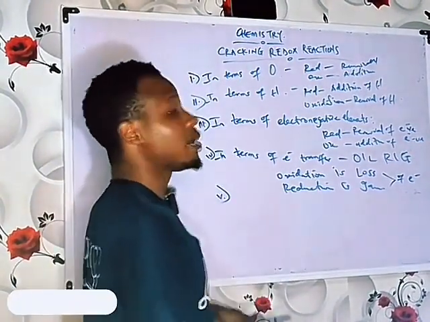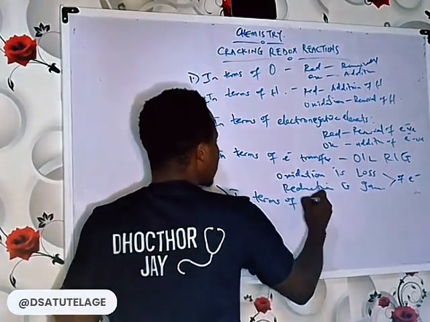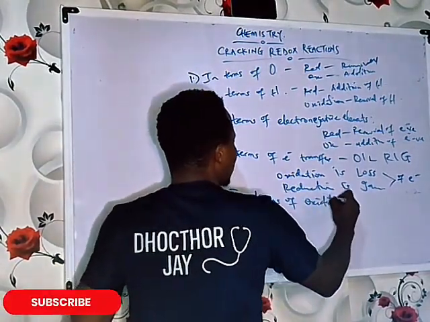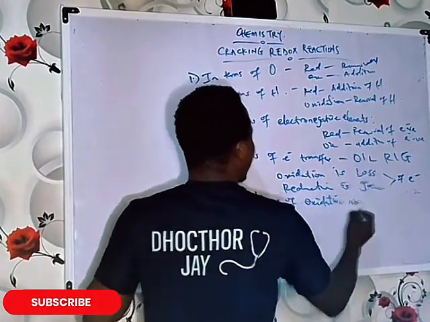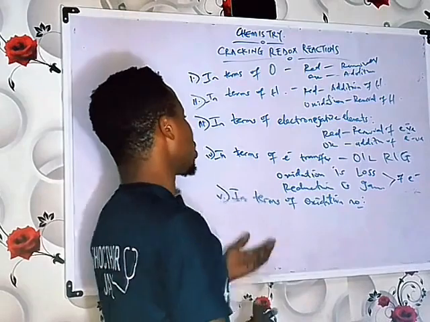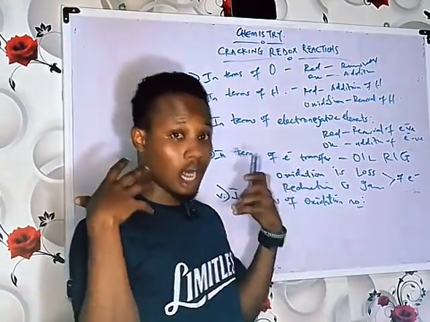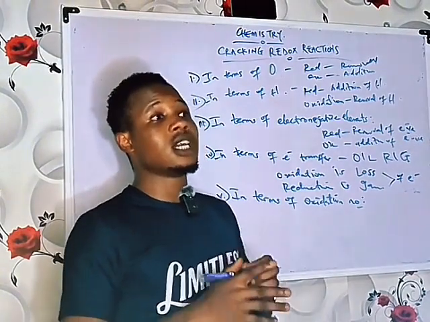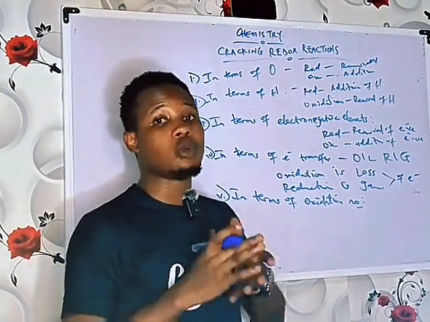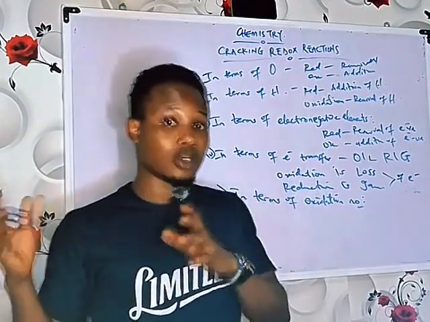Okay? And now we go to number 5, which is the last and most important one that we're going to look at, in terms of oxidation number. Now, the first thing that comes to mind is what do we mean by oxidation number? Of course, oxidation number is just a conventional value that is assigned to an element to represent the state by which it is binding, maybe in terms of valency, to another atom of another element.